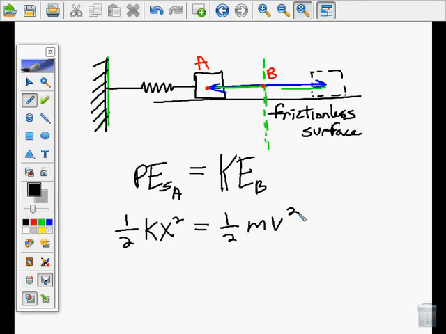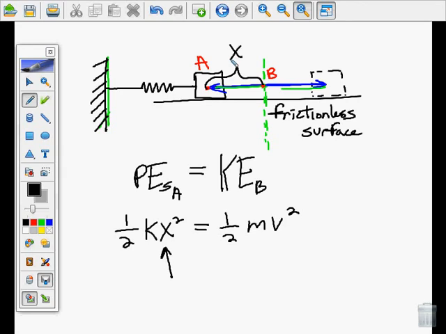Now, you see this x right here? That x right here is from here to the middle point, yes? That's referred to as the amplitude of the vibration. The amplitude of the vibration.